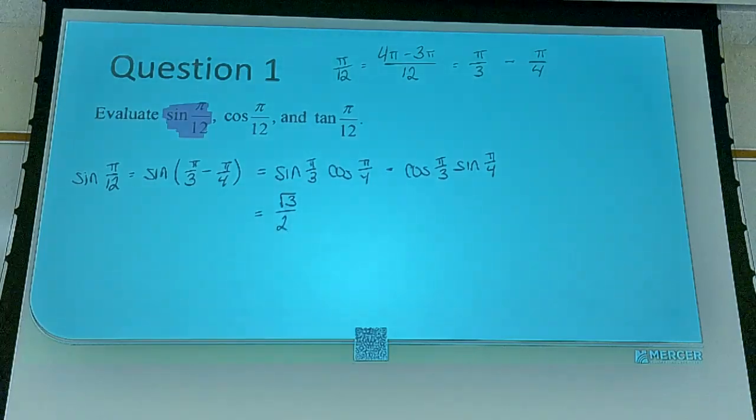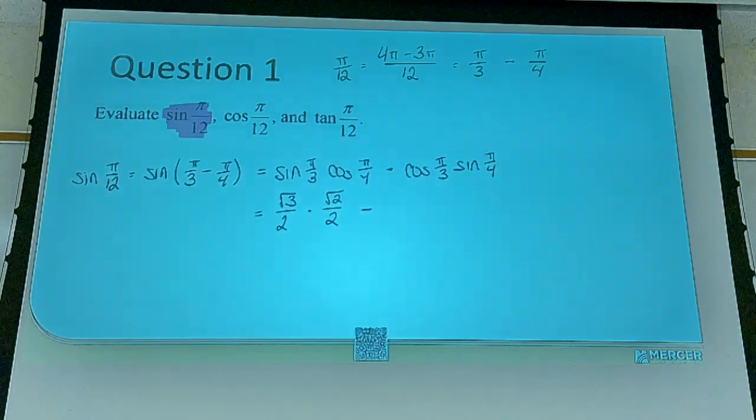What's cosine pi over 4? Square root of 2 over 2.